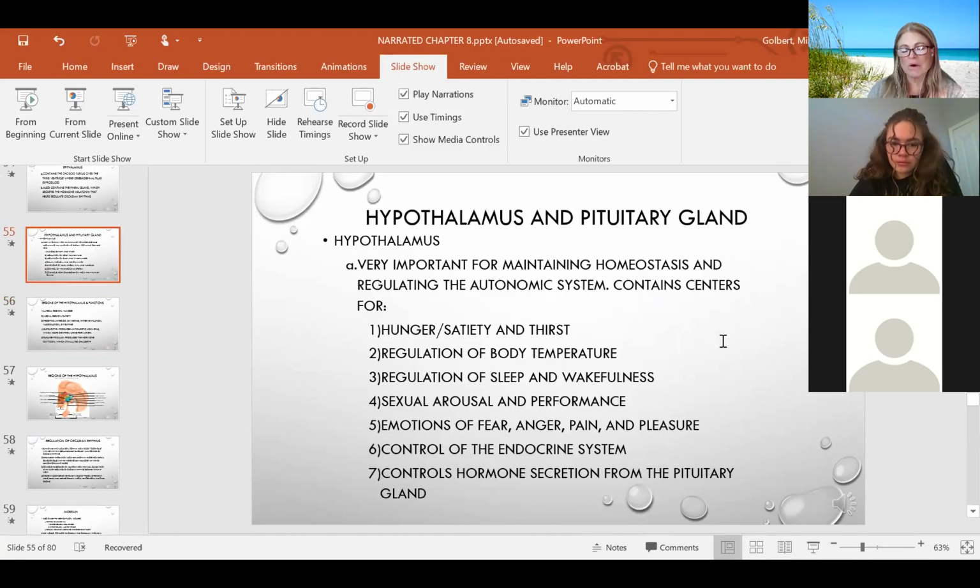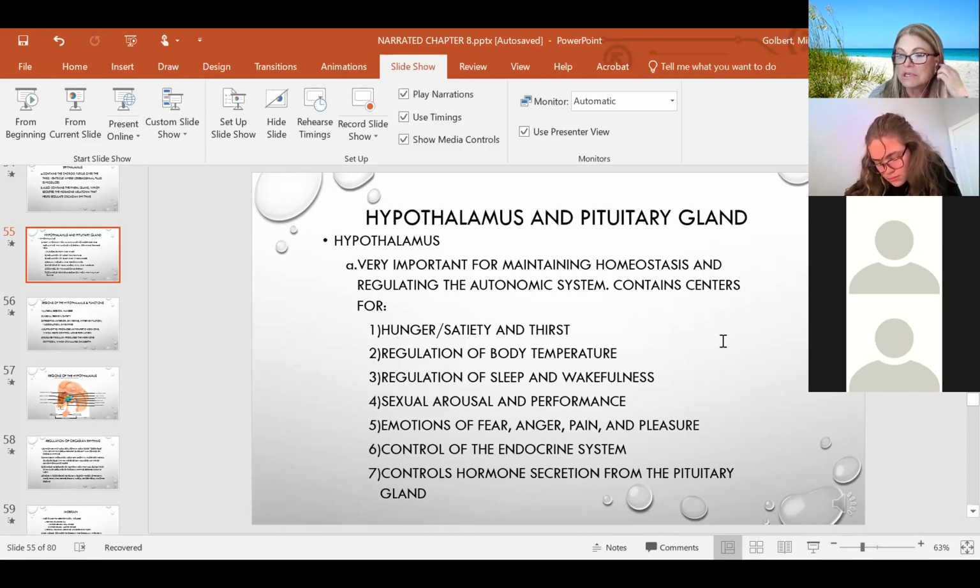So maintaining homeostasis, it has centers for hunger, satiety, and thirst. It also regulates the body temperature. The hypothalamus is almost like a thermostat. If you start getting very cold, the hypothalamus will be triggered and you're going to start shivering, for example, to increase your body temperature.